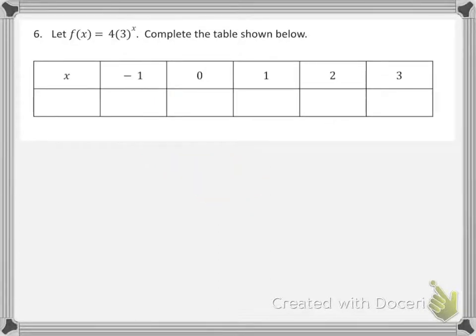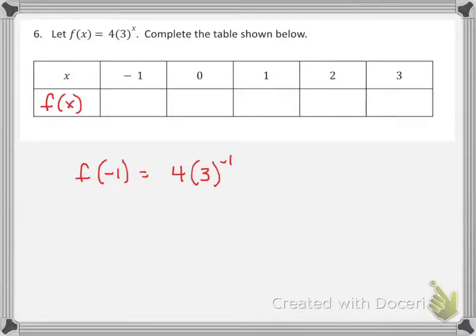Number 6, let f of x equal 4 times 3 to the x power. We're just going to find what the function of x would be and complete the table. So when x is -1, f of -1 is equal to 4 times 3 to the -1.